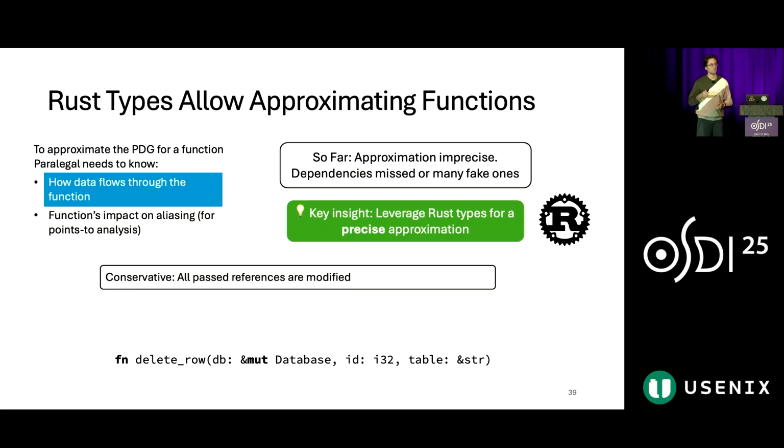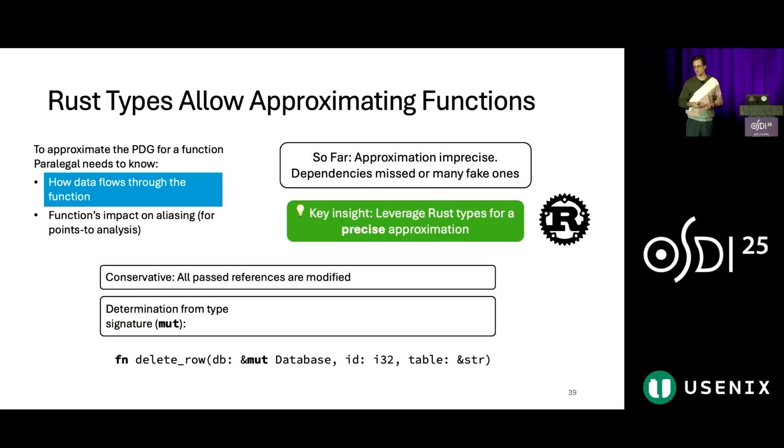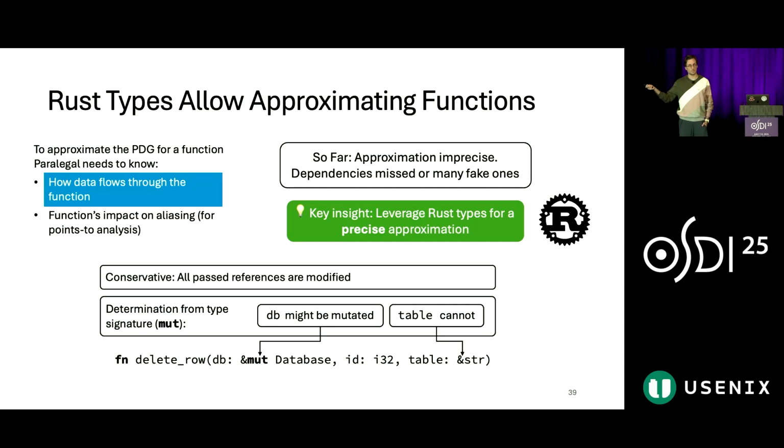However, in Rust, mutability is explicit and enforced with the mut keyword. So Paralegal can deduce from the type signature alone that while DB may be modified and needs to be considered an output of this function, table cannot. And so fewer dependency edges are being inserted into our PDG.